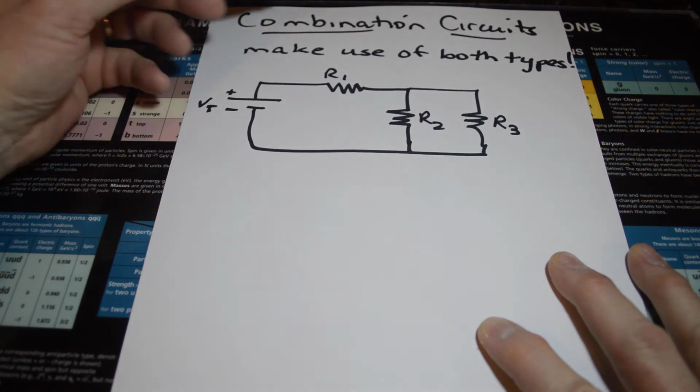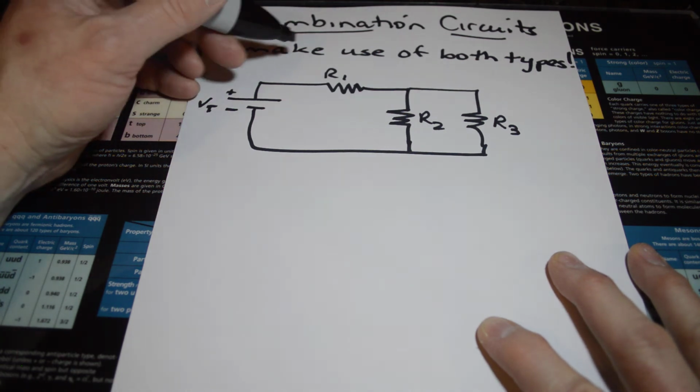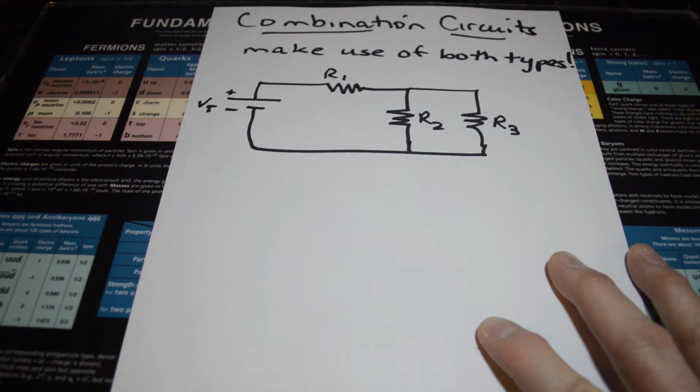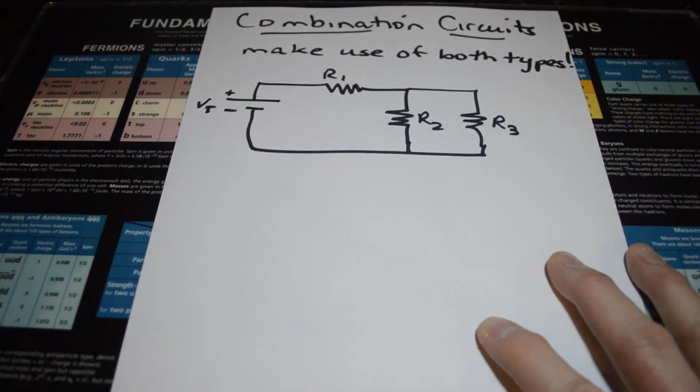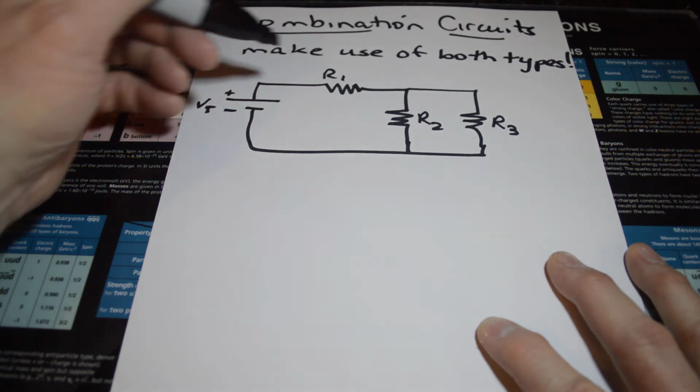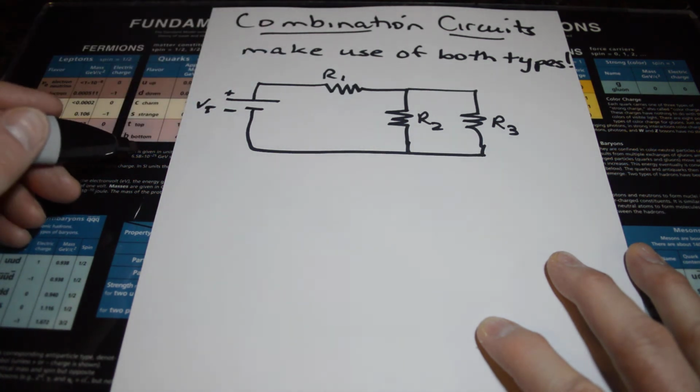The last type that we have is a combination circuit, which kind of uses both of them. R1 is in series with the power supply, but then in parallel with both R2 and R3. So you're going to have some things about series and others in parallel.